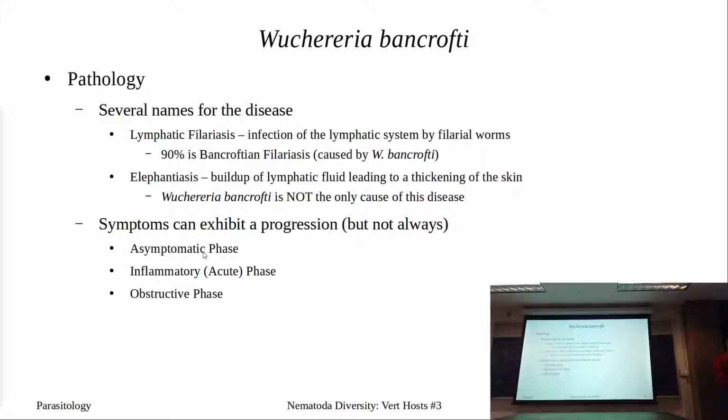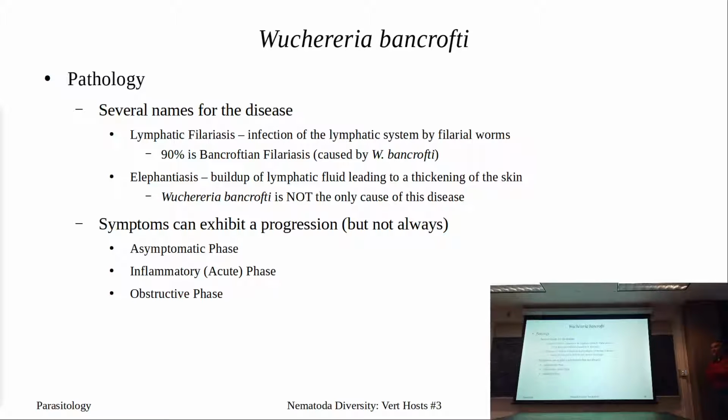All right, pathology. There are several names for this disease. Lymphatic filariasis is kind of a generic name because it's infection of the lymphatic system by filarial worms. There's a couple other ones that could also infect the lymphatic system.